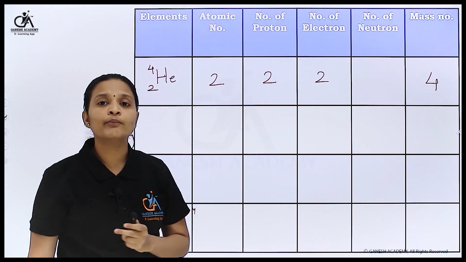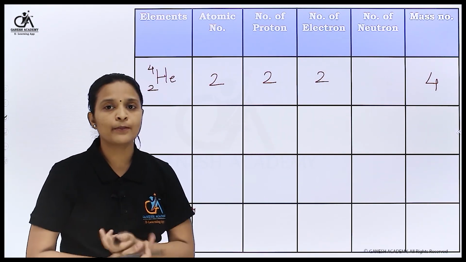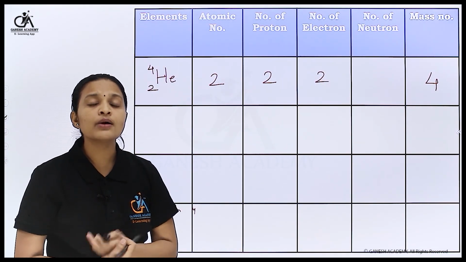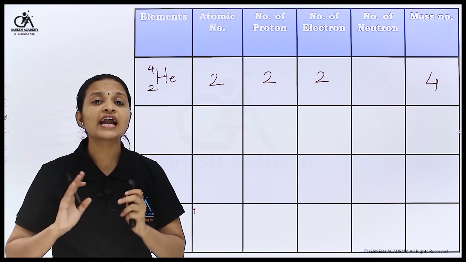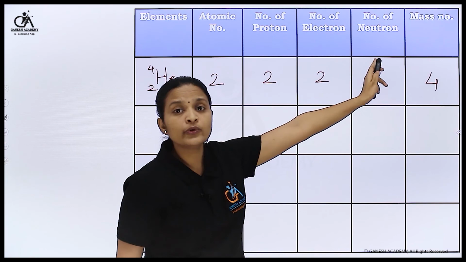To calculate the neutron number we require the mass number. Mass number is the addition of the number of protons and the number of neutrons.